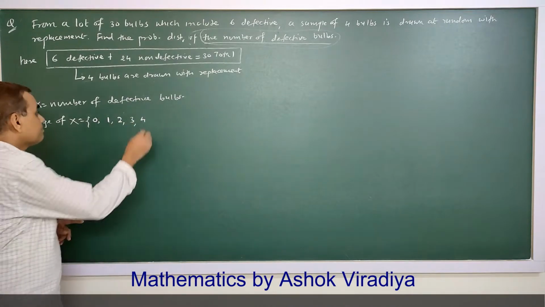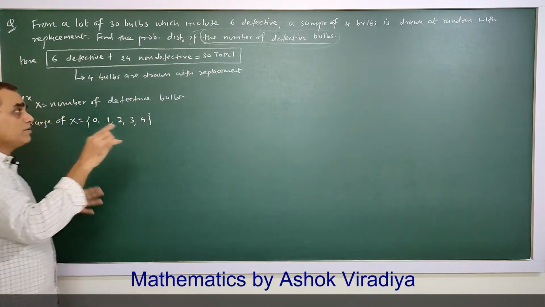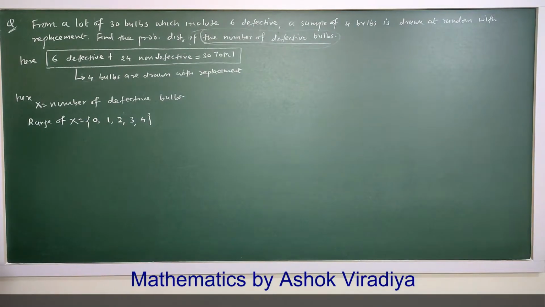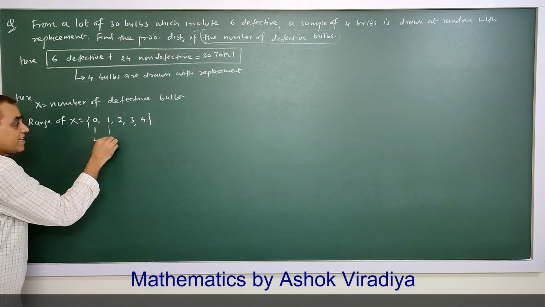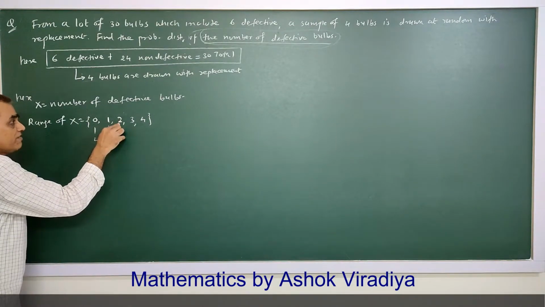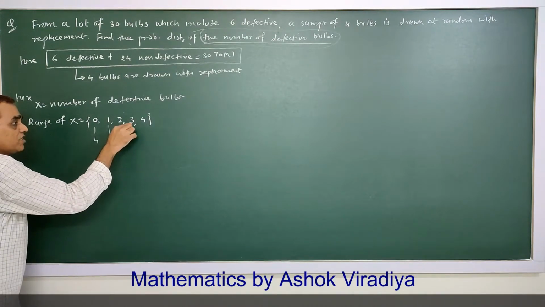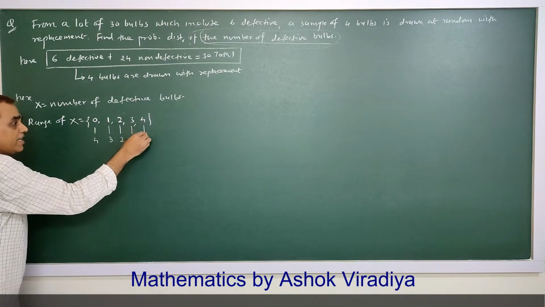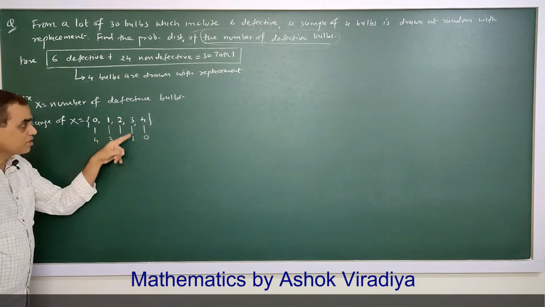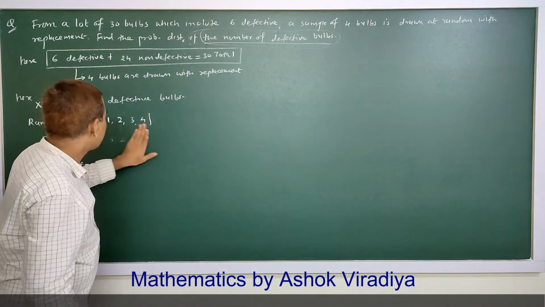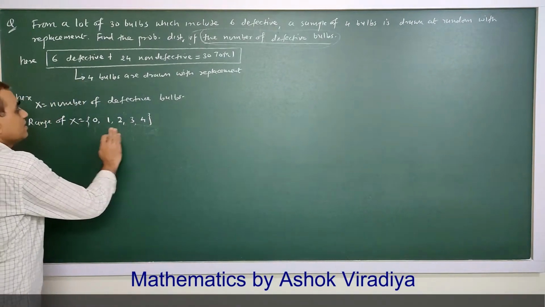So this number is the number of defective bulbs selected with replacement. So 0 defective means 4 are non-defective. 1 defective, at that time 3 are non-defective. 2 defective, 2 non-defective. 3 defective, so 1 is non-defective, and here 0. Every time you have 4 bulbs: 0 plus 4, 1 plus 3, 2 plus 2, 3 plus 1, 4 plus 0, like this. So understand the experiment.